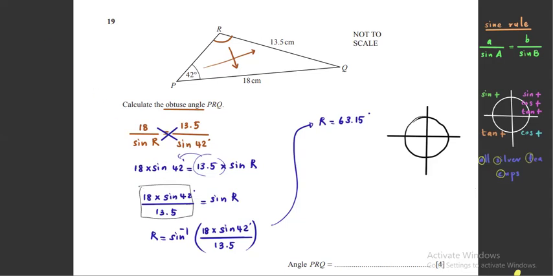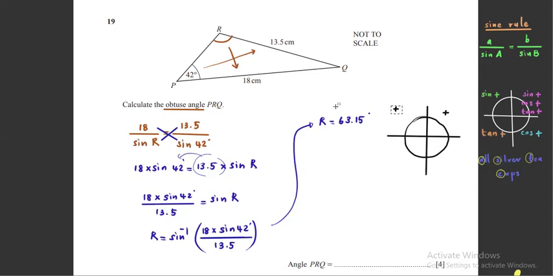We have no negatives here. So the sine angle will be positive in the first quadrant and in the second quadrant, because it goes as All Silver Teacups. Silver is here, that means sine is positive there.